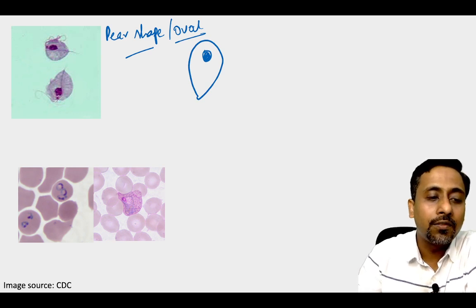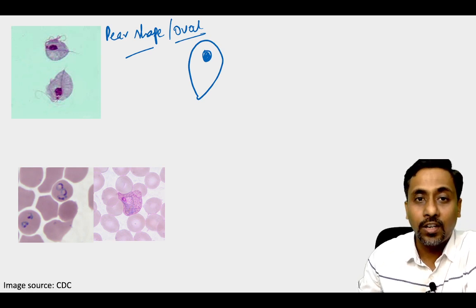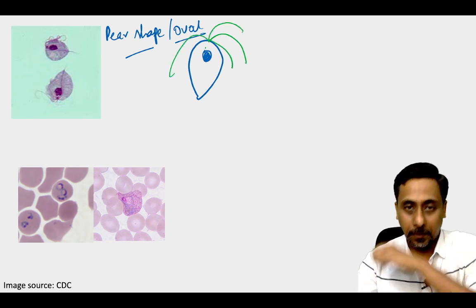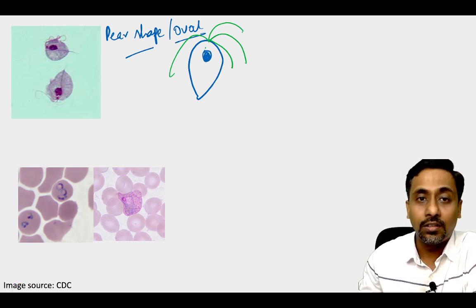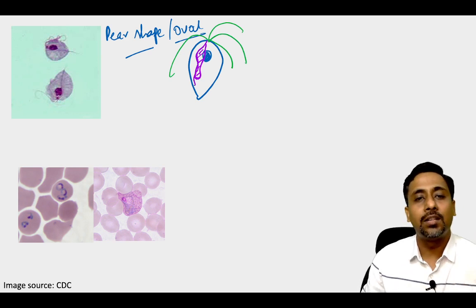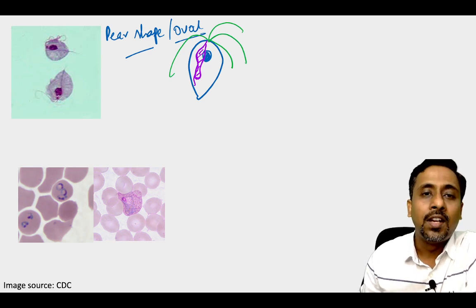And apart from this nucleus, it has got four anterior flagella, 1, 2, 3, and 4. And a fifth flagella which runs along the outer margin of the undulating membrane. Undulating membrane is basically a cytoplasmic extension of the cell itself and helps in movement.